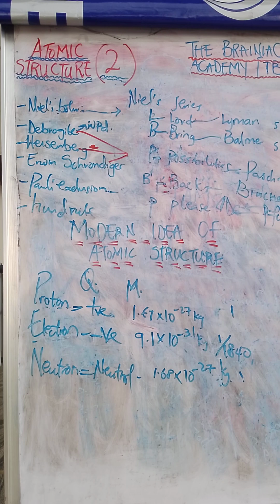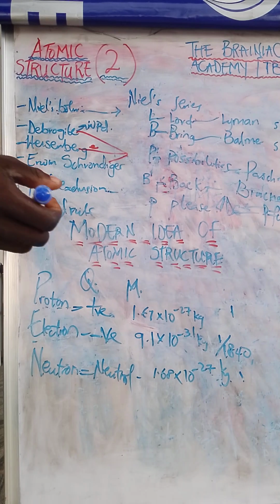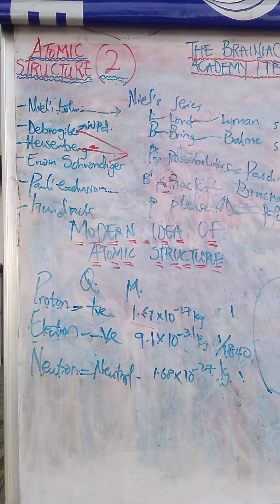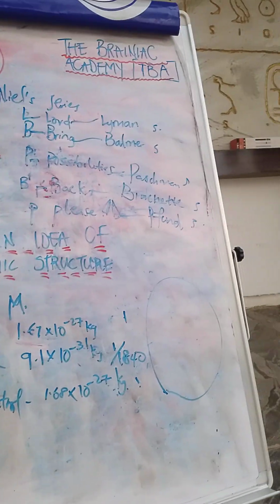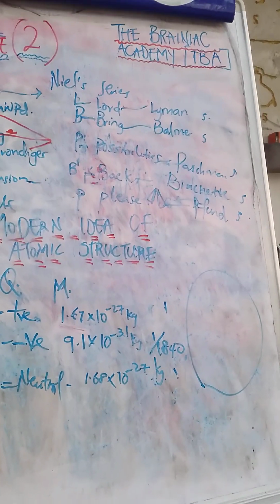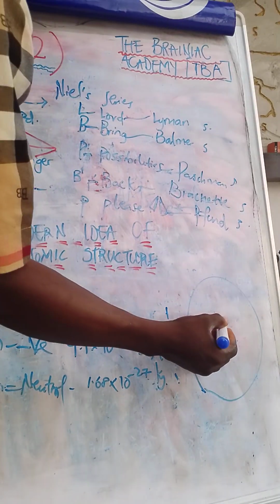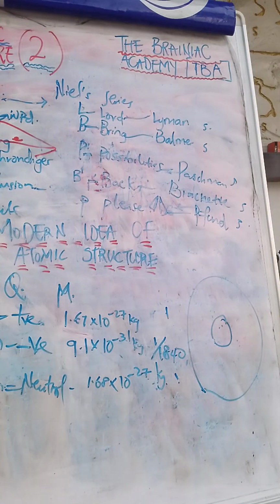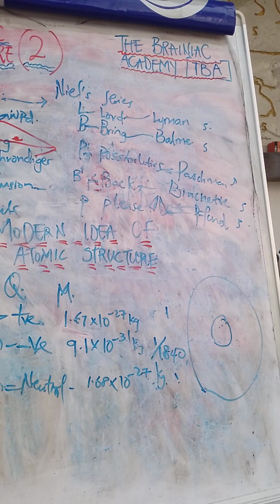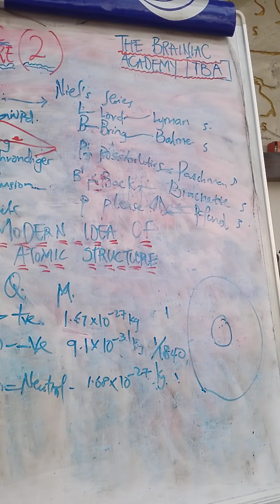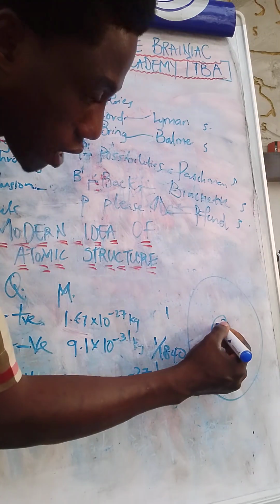The modern atomic structure is telling you that you have a circle, and in this circle, at the middle, there are some charges concentrated at this center. And what is that charge? Positive charge.